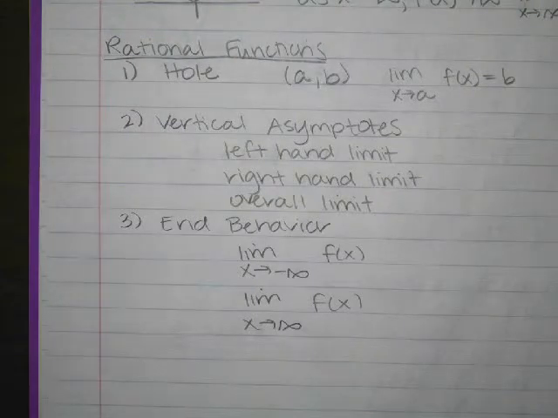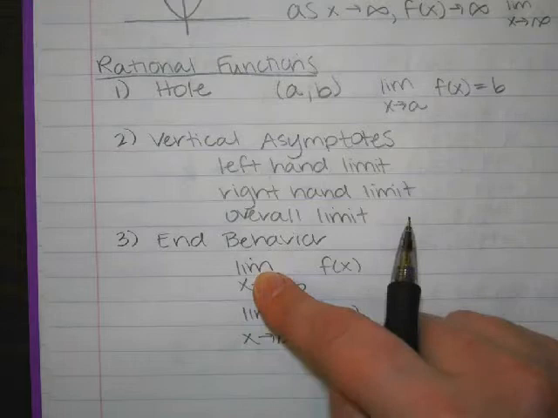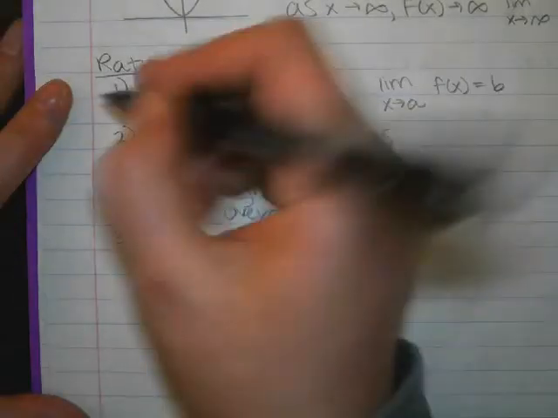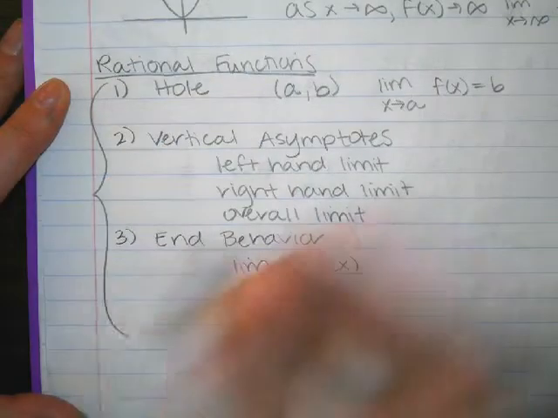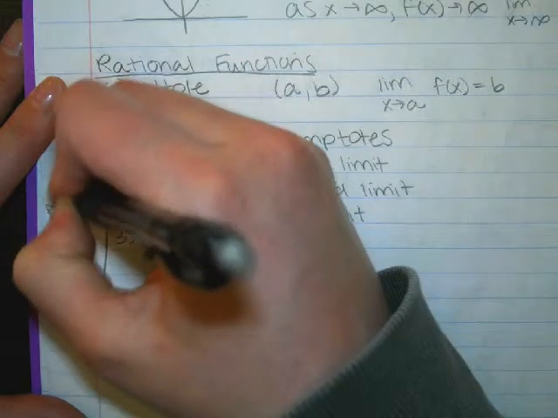When you guys are doing problems for rational functions and I ask you to find limits, I am not going to tell you the numbers that I want you to find the limit at. I'm going to say find the applicable limits, and these are the applicable limits. So next to this, you might write applicable limits.